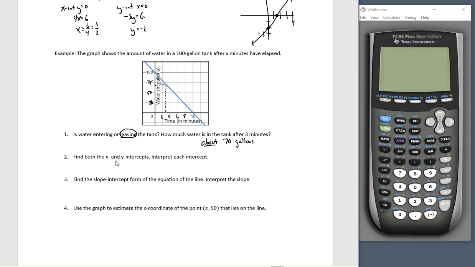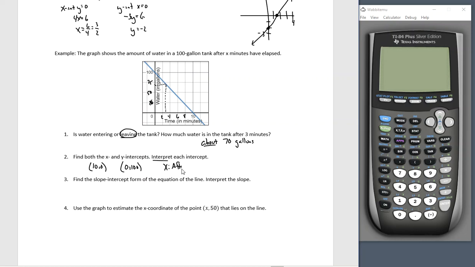Find both the x and y intercepts. The x-intercept is at (10, 0), because I see the graph crosses at an x value of 10. My y-intercept is at (0, 100). Interpret, right? This is a word problem, so we have to understand what this means. So I'm going to talk about the x-intercept.